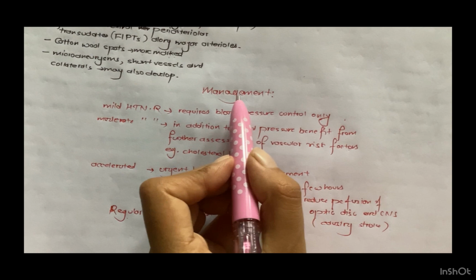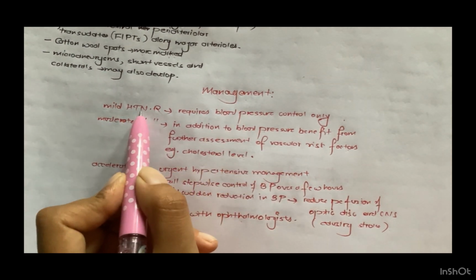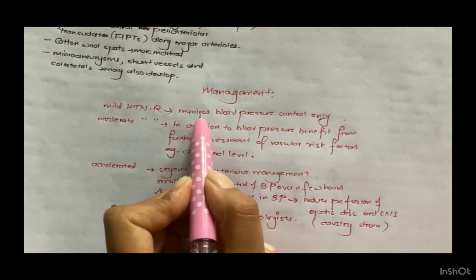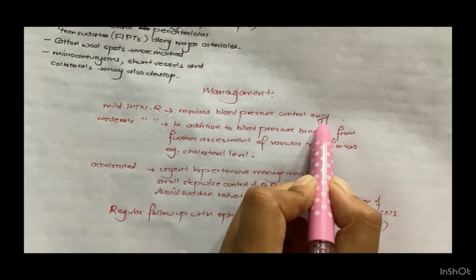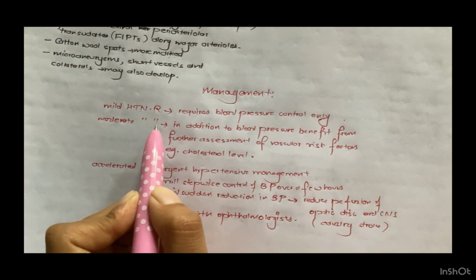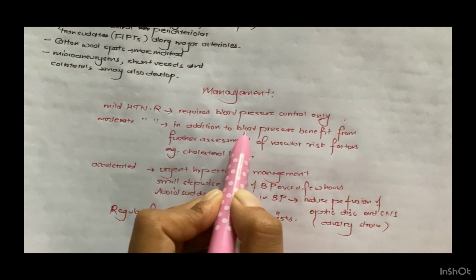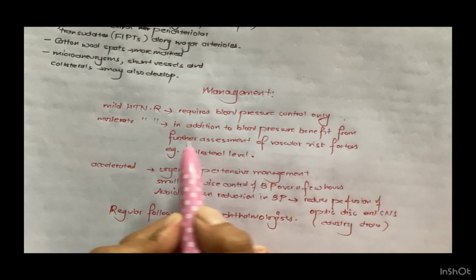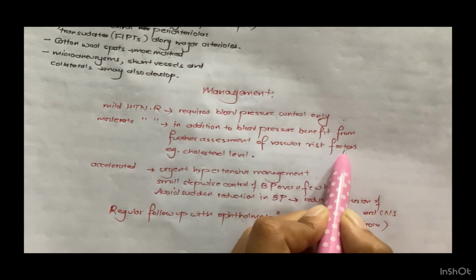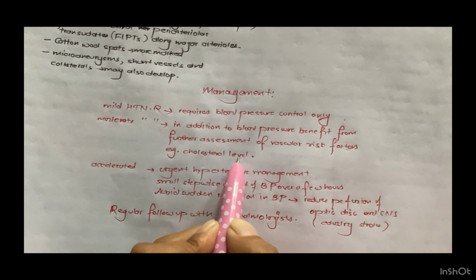Now moving on to the management. In mild hypertensive retinopathy, it requires blood pressure control only. But in moderate hypertensive retinopathy, in addition to the blood pressure control, benefit from further assessment of vascular risk factors can also be done, for example cholesterol levels.